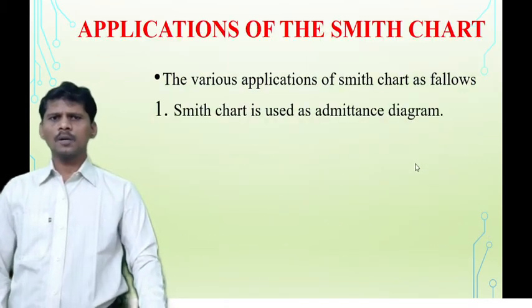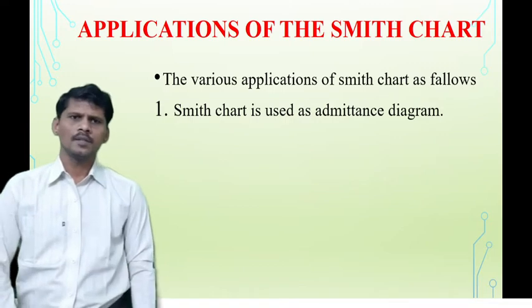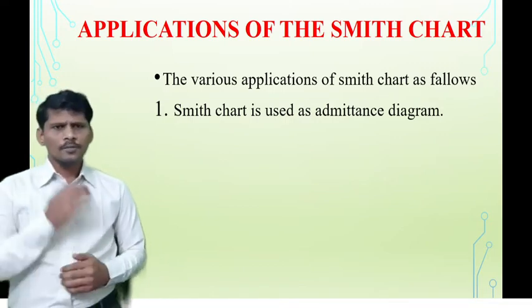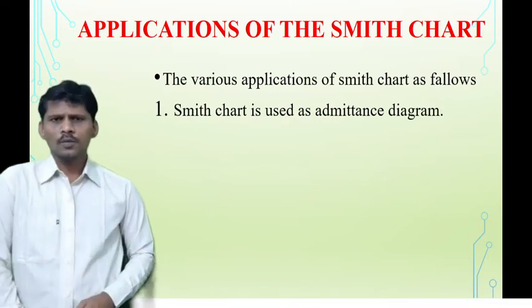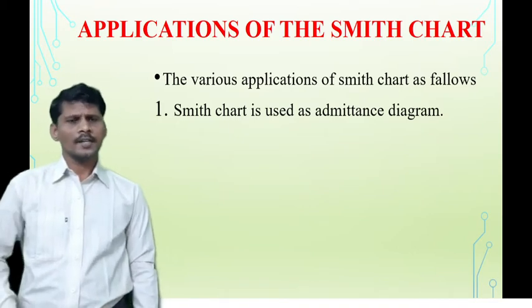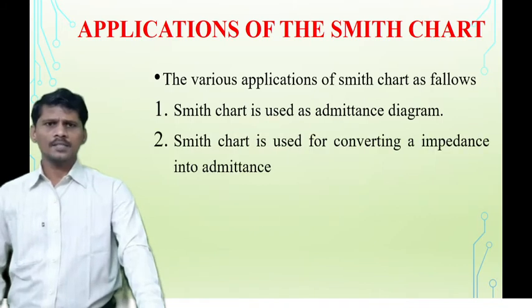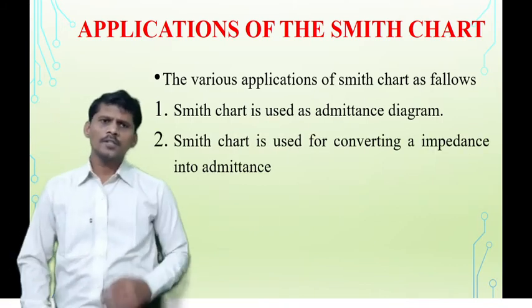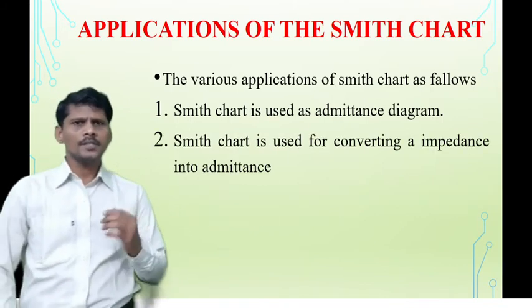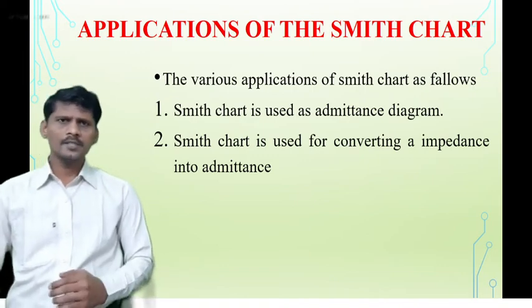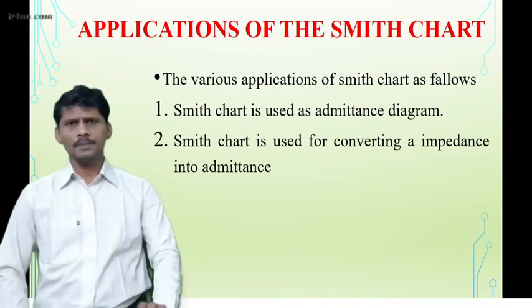Next, coming to applications of the Smith chart. There are different applications. The first one is that the Smith chart is used as an admittance diagram. The Smith chart is used for converting impedance into admittance. Admittance is the reciprocal of the impedance.